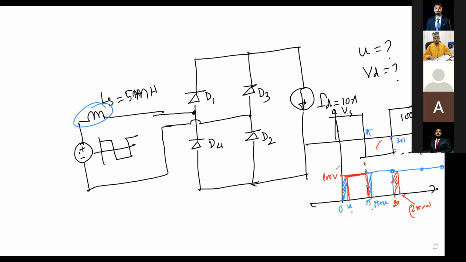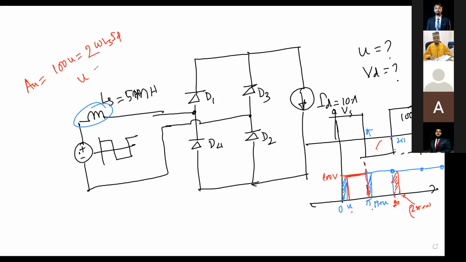Then again, what will be your AU? Same as before, 100 U, and that will be twice omega L ID. Yes, for the full wave, be careful, it will be 2.